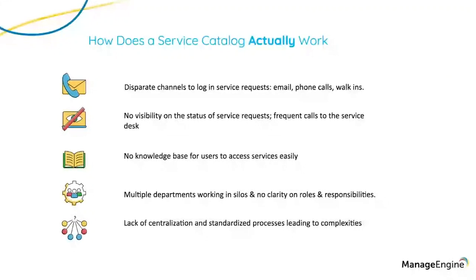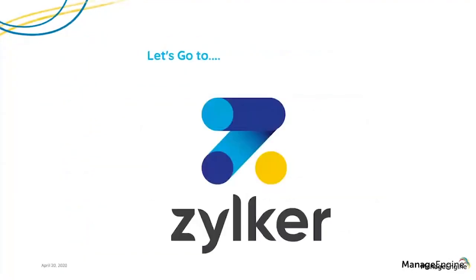And then, how about services that are so easily available? It's basically information, so there is no knowledge base available. Things like this can make the service catalog look very messy, and the service request management itself can become a painful process.